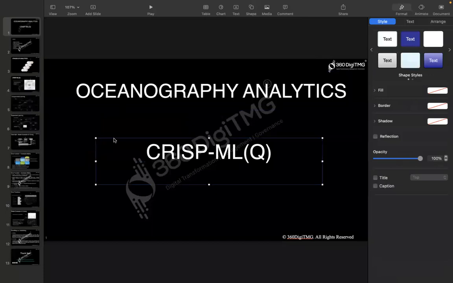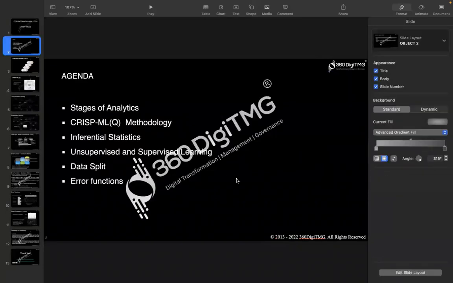So in the Crypts MLQ, let us know what is the agenda for today. So we will learn stages of analytics. What will be the stages of the analytics? How many stages will be there?